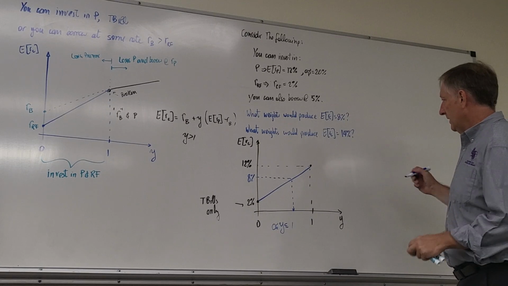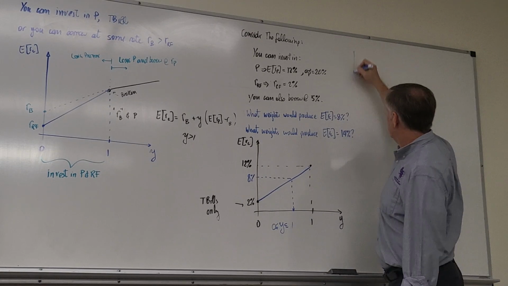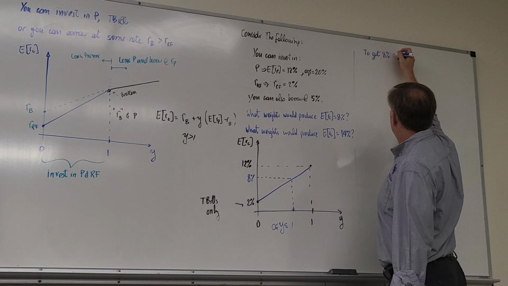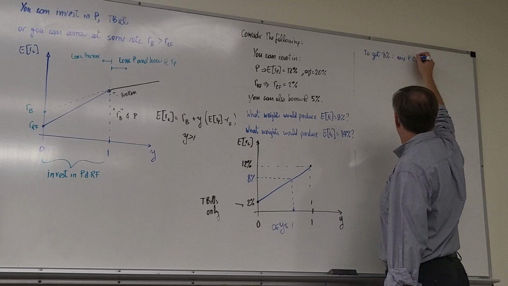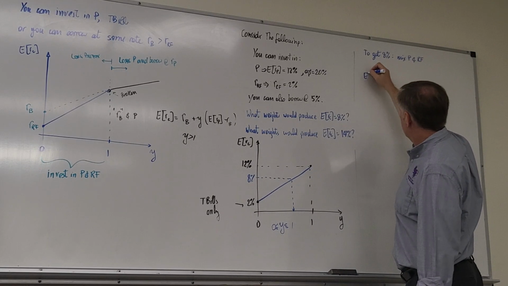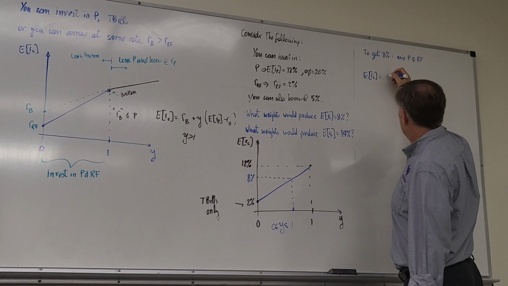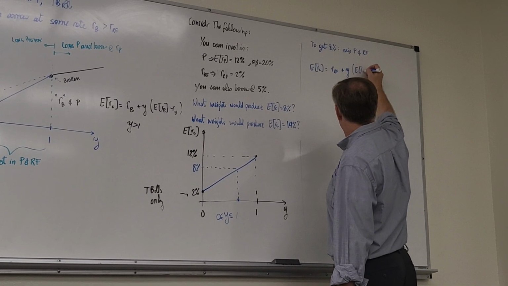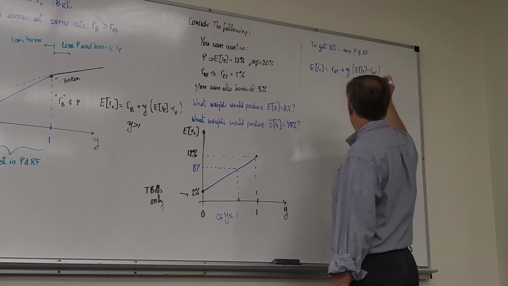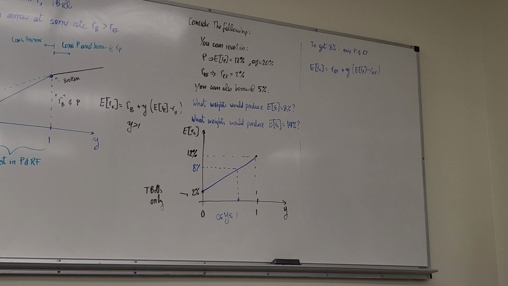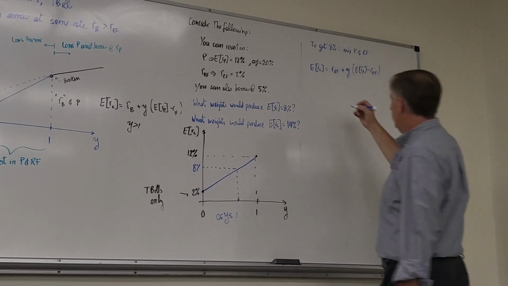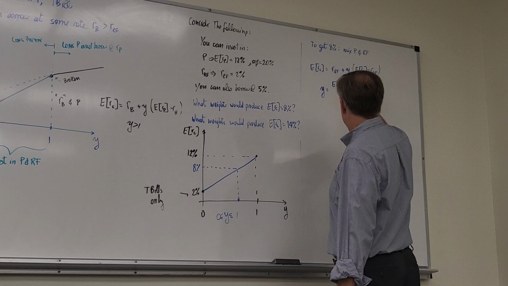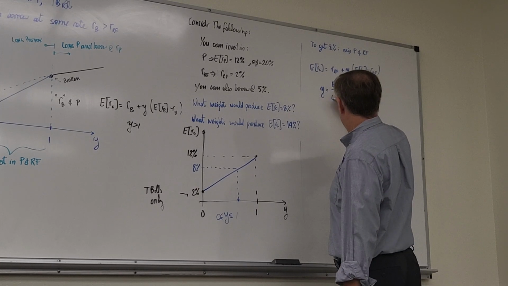So let's figure out what the weights are. So to get a return of 8%, mix P and the risk-free asset. So the expected return of C is equal to the risk-free asset plus Y times P minus RF. So using those two assets, find Y. You get that?